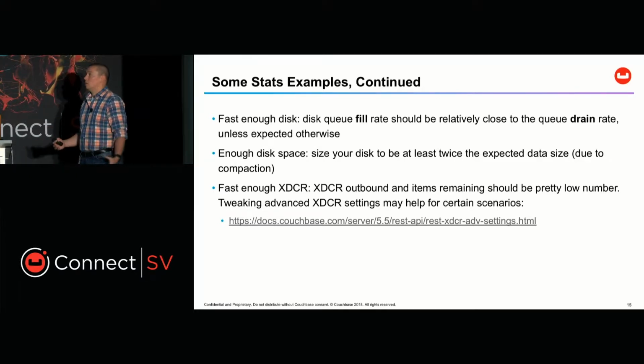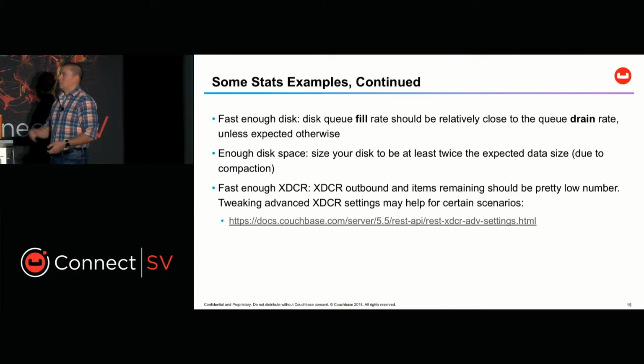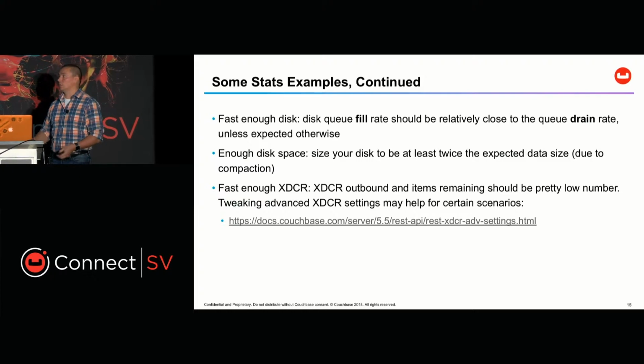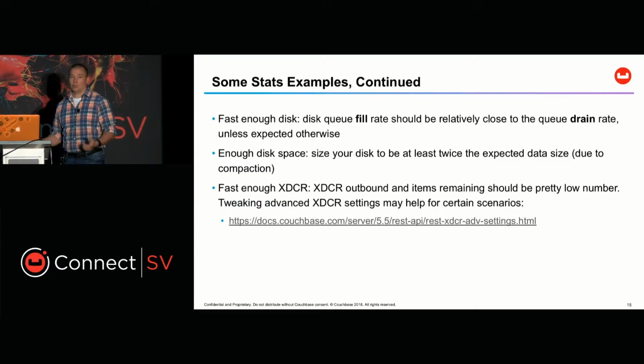Because maybe because of excessive conflict resolution or just very high write rates, those queues, that's yet another queue if you have cluster-to-cluster replication, those queues can be filled up, and the result of that is the documents from cluster 1 will not get to cluster 2 in a timely manner, and you will have consistency problems.